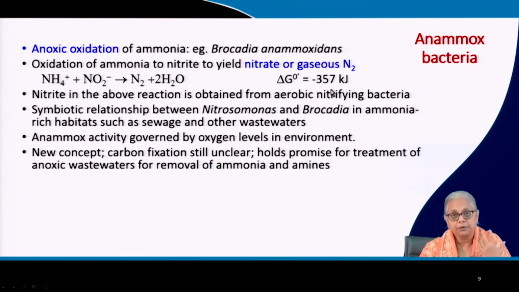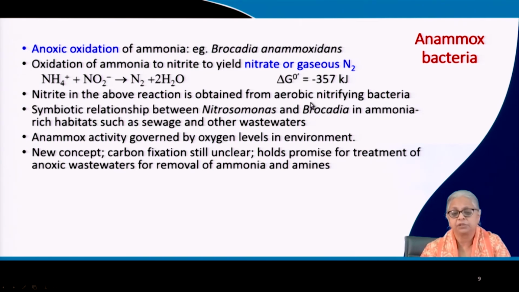So these anammox bacteria are capable not just of surviving but of thriving in an environment where ammonia and nitrite are in plenty, and the best example of that environment is municipal sewage or wastewater. So you generally have lots of ammonia and lots of nitrite in these environments.